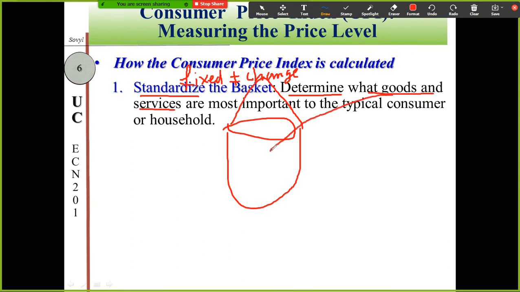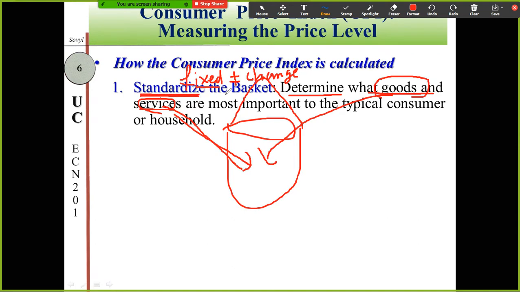Then we put this good into the basket, we put this service into the basket. If we put this good or this service into the basket, it cannot be changed for the other years, for the other periods. If this good or this service changes, this basket is not standard, it's not fixed.